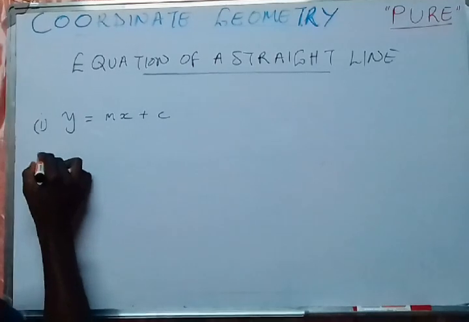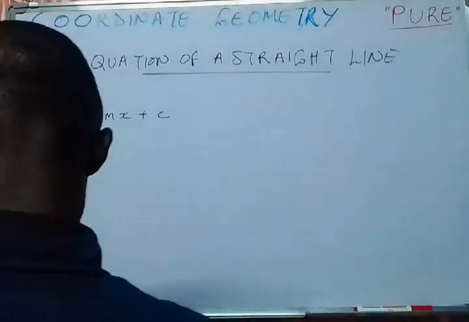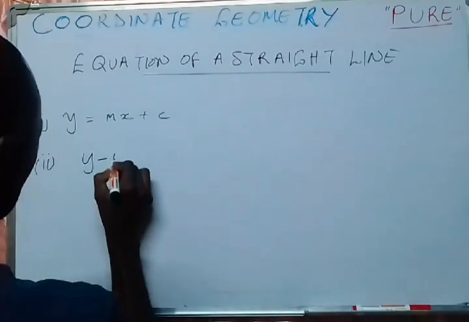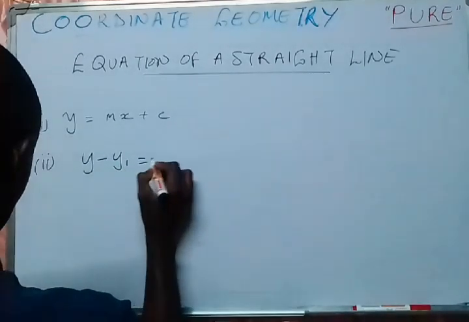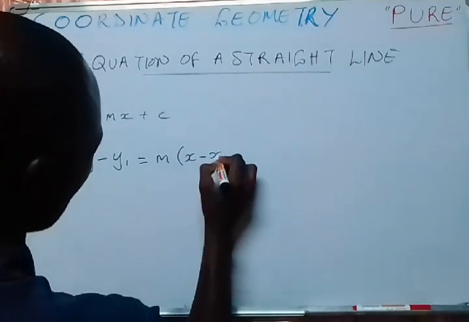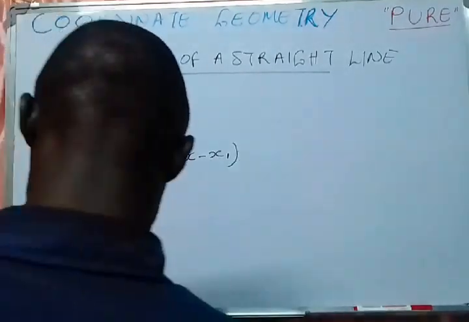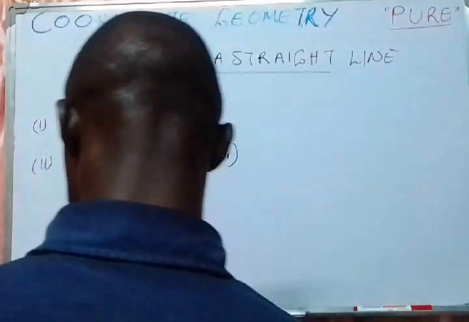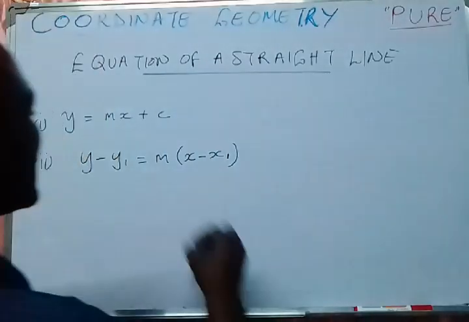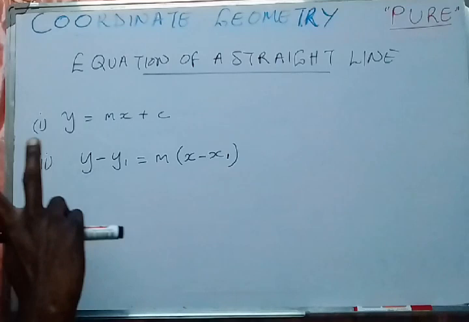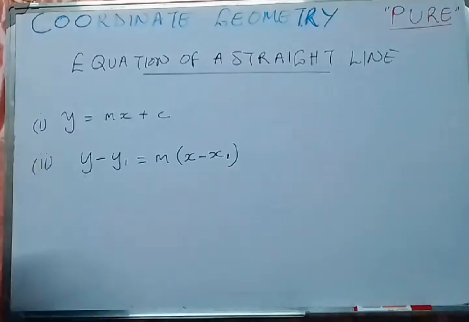The second equation given here is y minus y1 is equal to gradient, open bracket, x minus x1, close bracket. This equation is only used when the gradient m is known and the coordinates x and y of a point are given.